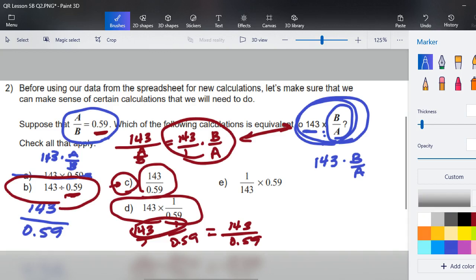But when we go to the last one, if I write 1 over 143 times 59 hundredths, and multiply numerators and multiply denominators, this is not what we're looking for. It's the exact reciprocal. We needed 143 divided by 59 hundredths, and this is 59 hundredths divided by 143. A and E are not what we are looking for. We want B, C, and D. So definitely pause here, get these to make sense, and then move on to question 3.